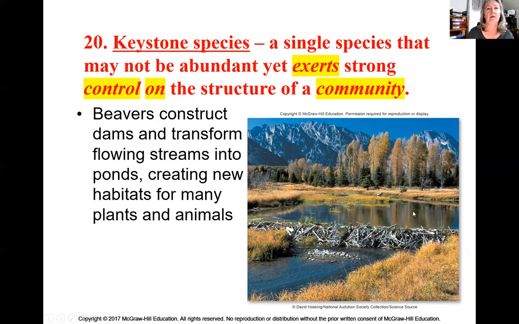I don't know if you've ever seen cattails in a fast-moving stream, but you see them lots of times in ponds. So the impact of the population or the numbers of other animals and plants is impacted by that keystone species. If it's present, there's a certain variety of plants and animals, and if it's absent, that would change.